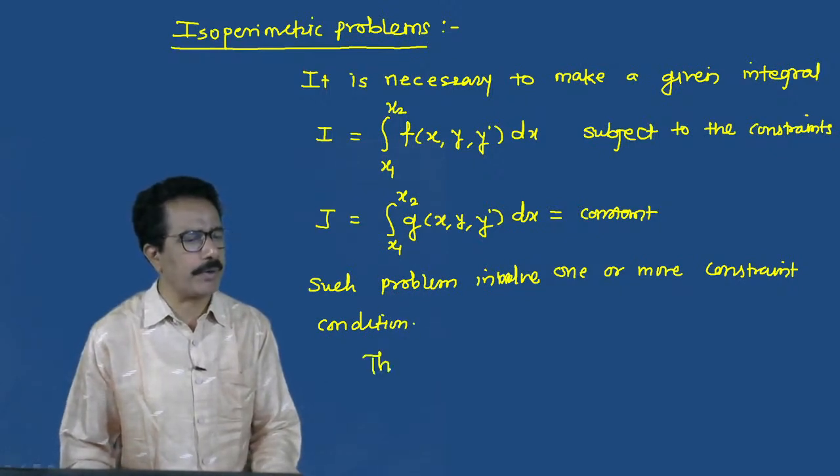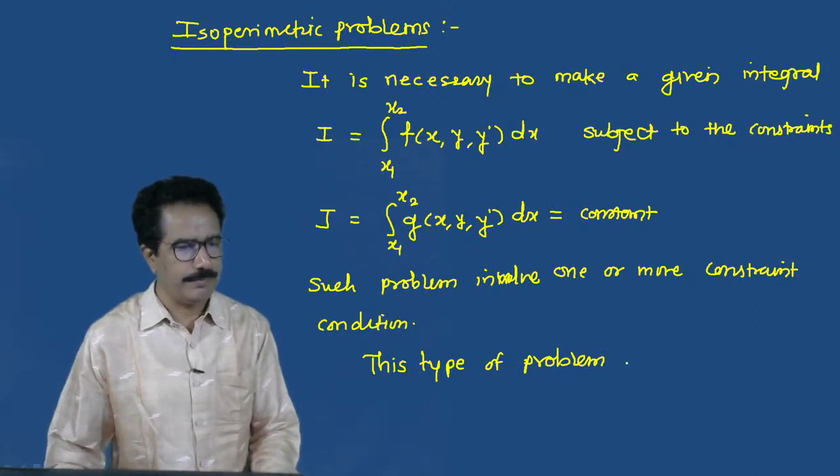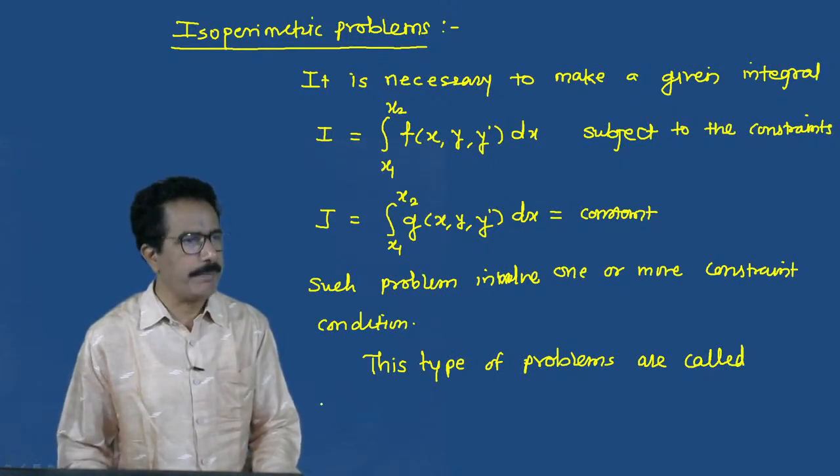This type of problem is called an isoperimetric problem.